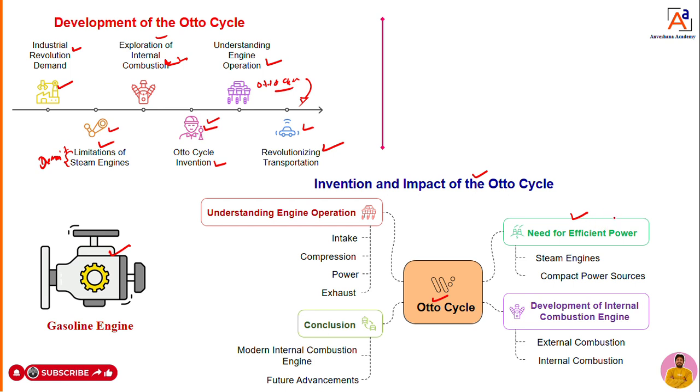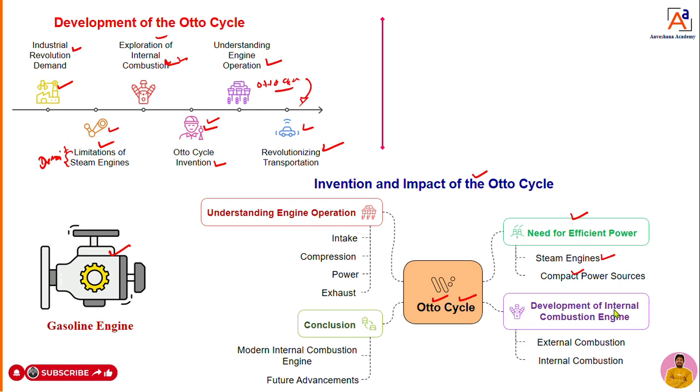Such a requirement was there. At that time, the engine we were using, the steam engine, had a lot of drawbacks. To overcome that, the scientists invented a compact power source, that is the gasoline engine, or Otto engine. That Otto engine is designed based upon the Otto cycle.